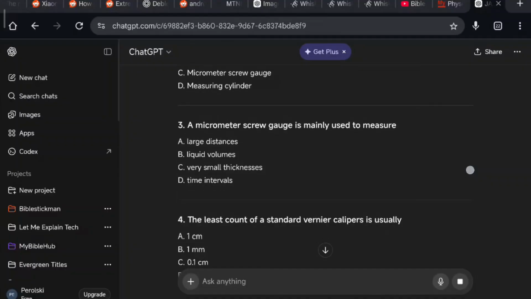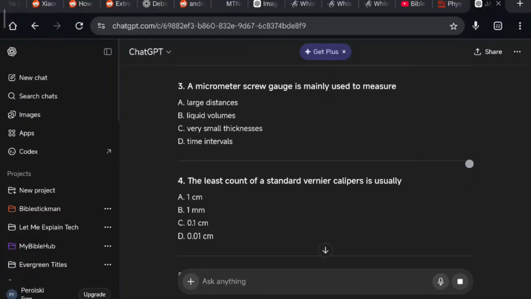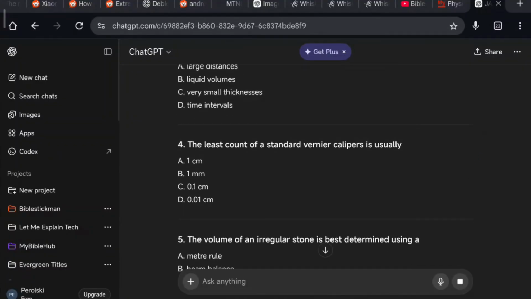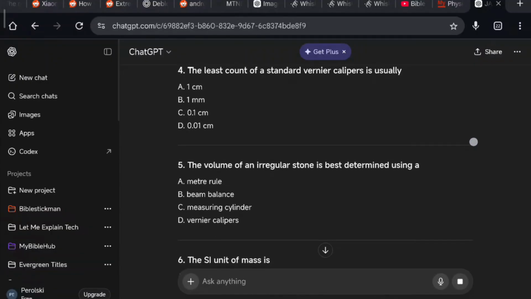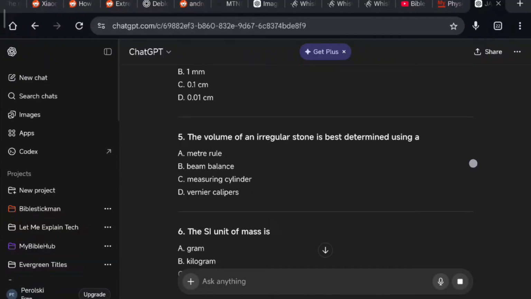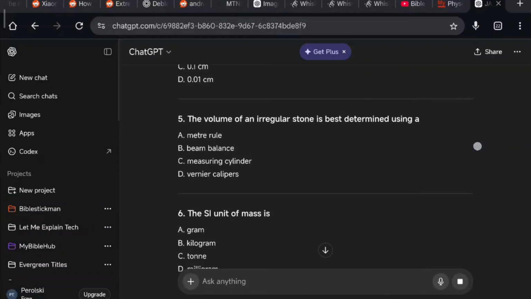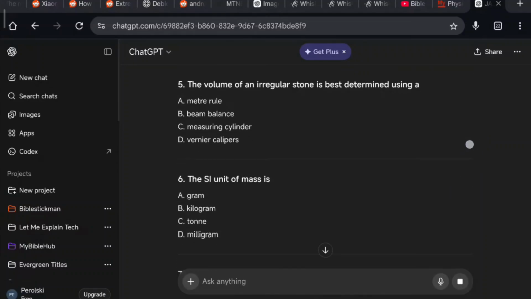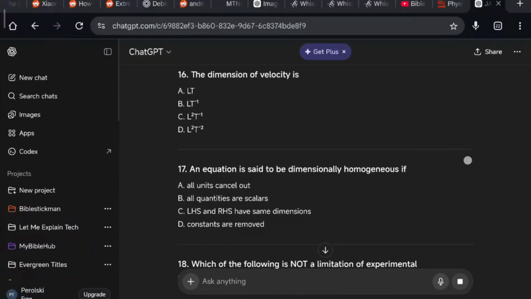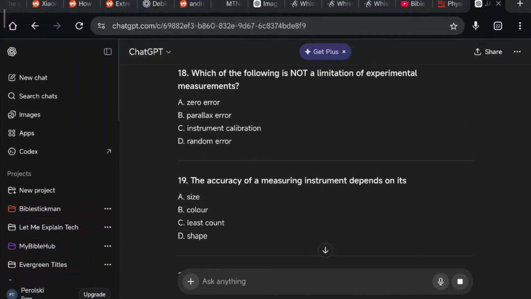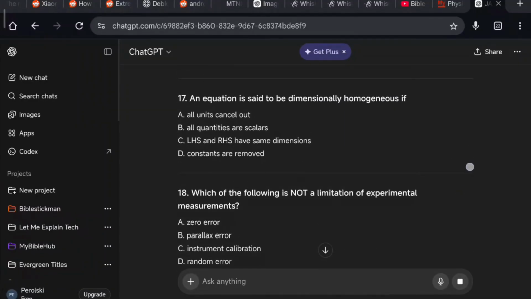A micrometer screw gauge is mainly used to measure... The least count of a standard vernier caliper is usually... Are you seeing this one? The volume of an irregular stone is best determined using a... So if you proceed, you see that you would have generated enough questions for yourself to practice.